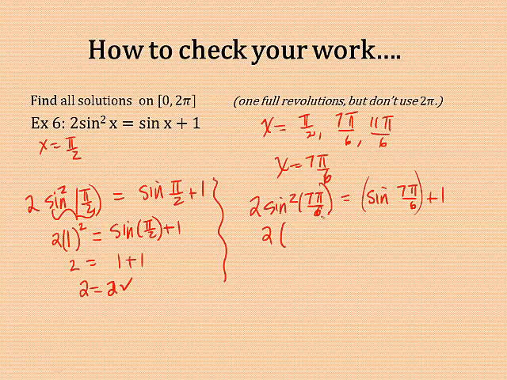Well, we said earlier that that was negative 1/2. And we got to square it. Okay, so negative 1/2 times negative 1/2 is positive 1/4, times 2 gives me 2/4, which is also known as 1/2, right? Okay, so what about on the right side? Well, what's the sine at 7 pi over 6? We said that as negative 1/2 plus 1.